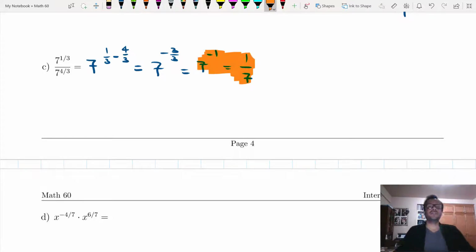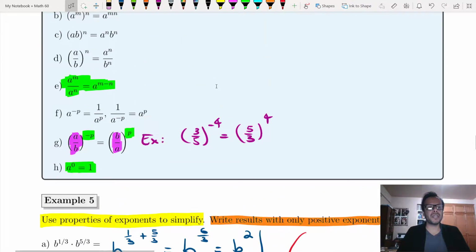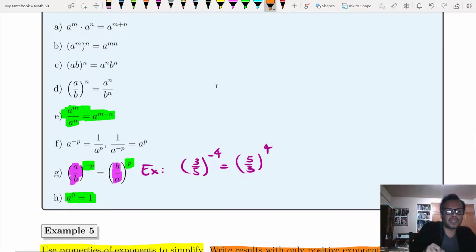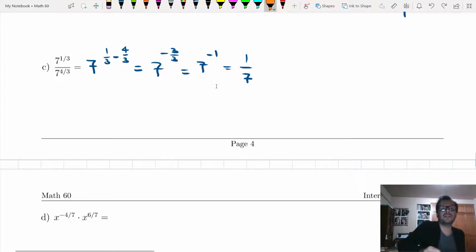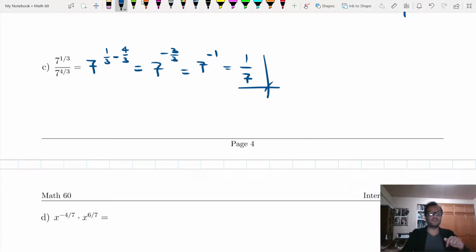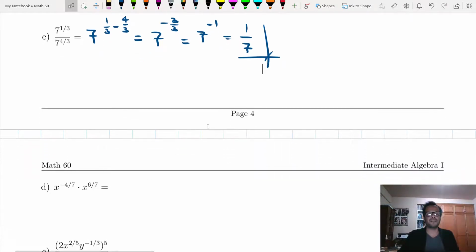We go using this rule, letter F, the negative exponent rule. See how we combine different properties in one single example? Okay, let's call it a day with this example, and let's move on to the next page.